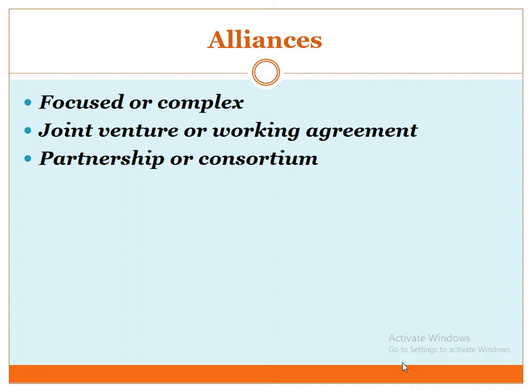It is more likely to be dealt with by the formation of a joint venture company. A significant issue here will be the allocation of power between the two partners. And next is partnership or consortium.